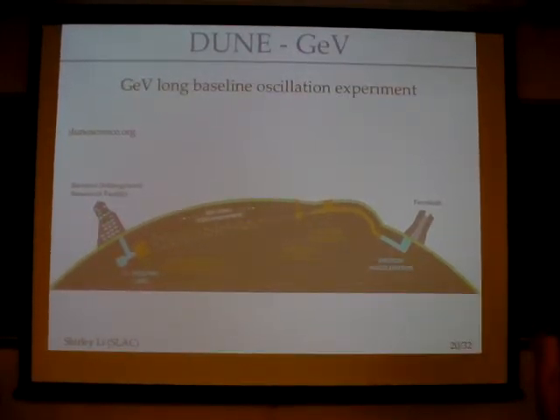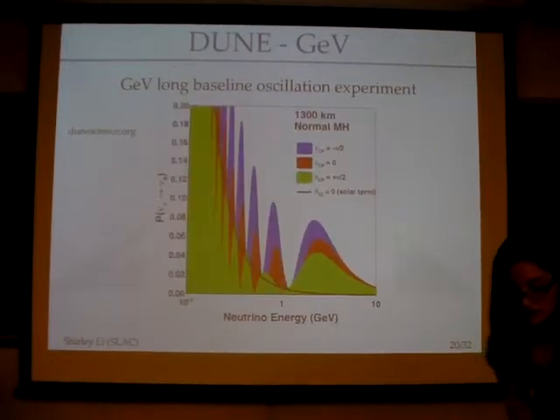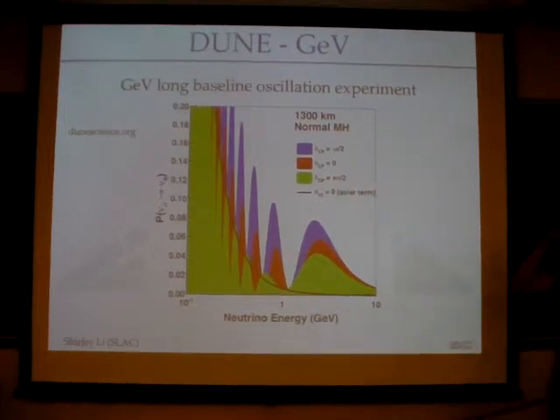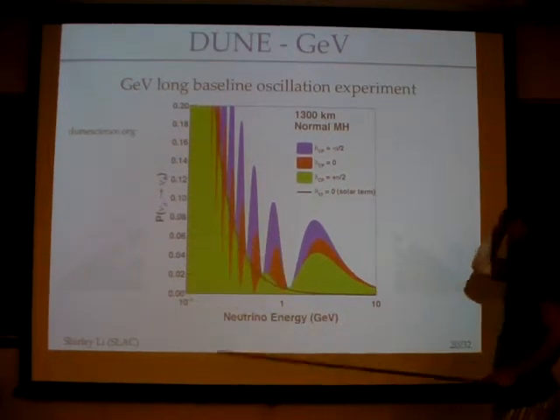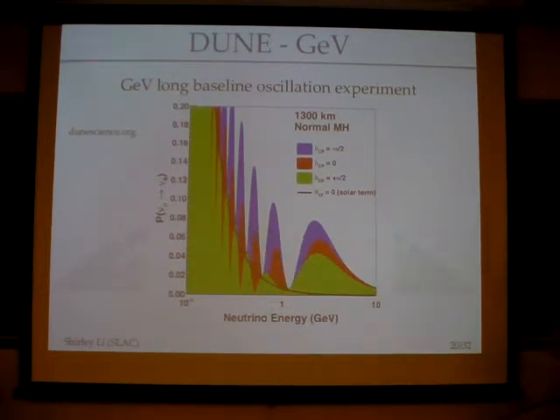And the neutrino beam has energy of about a few GeV. And what you're looking for is an oscillation pattern like this. So in an accelerator neutrino beam, you get mostly nu mu, and you want to see how much of those nu mu turn into nu e. So this is the so-called appearance channel.